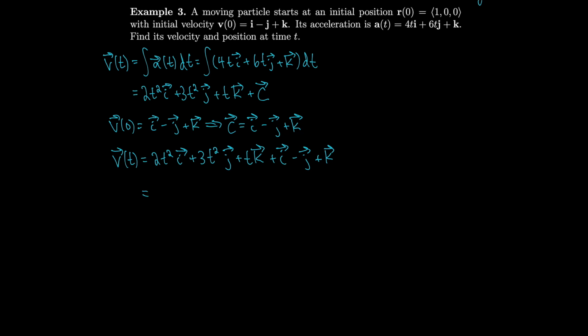So what we can do is group together all of the i's. That's 2t squared and 1, so that's 2t squared plus 1 i. And similarly for the j's, we have 3t squared minus 1. And for the k's, it looks like we just have t plus 1.